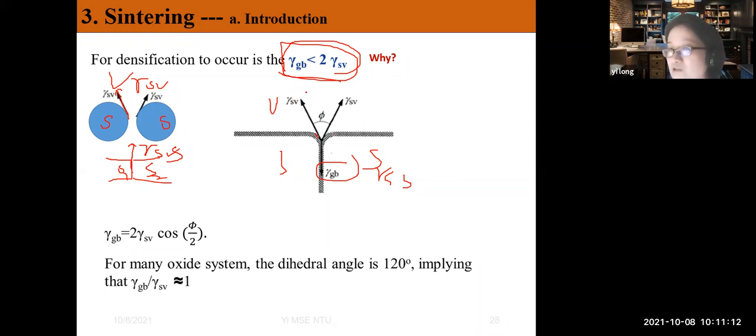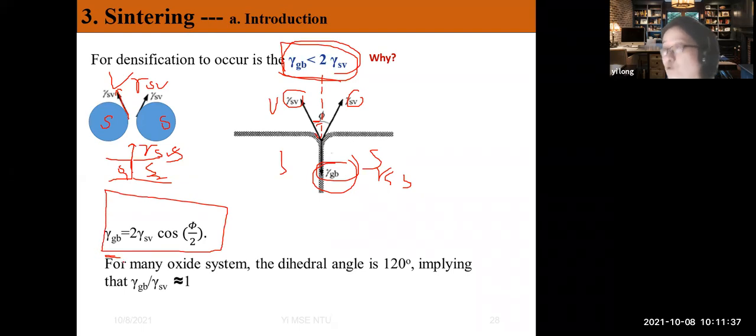But these three forces need to be mechanically balanced. So gamma GB is going to equal 2 gamma SV cosine of this angle, halved. This is the equation to achieve the mechanical equilibrium here.